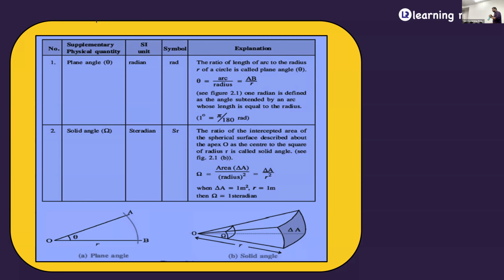So what are the fundamental units we learned in the SI system? What are fundamental quantities? There were 7 fundamental quantities, right? Understand the difference between quantity and units. Santosh, you tell me.